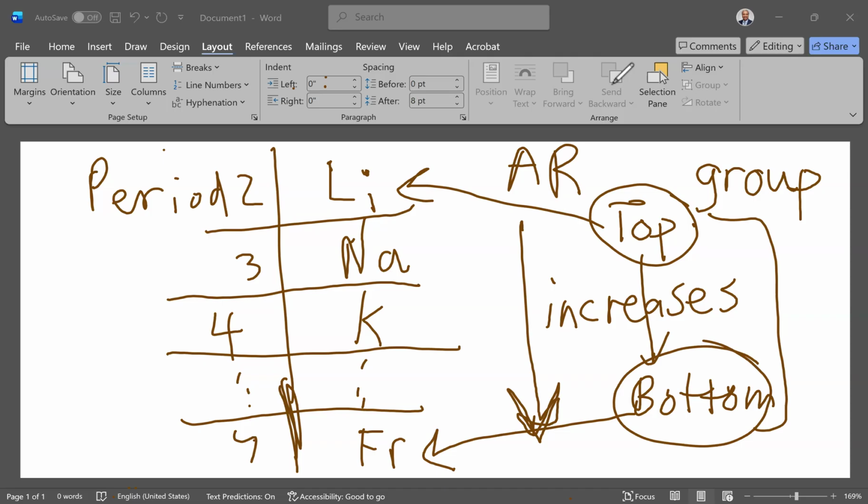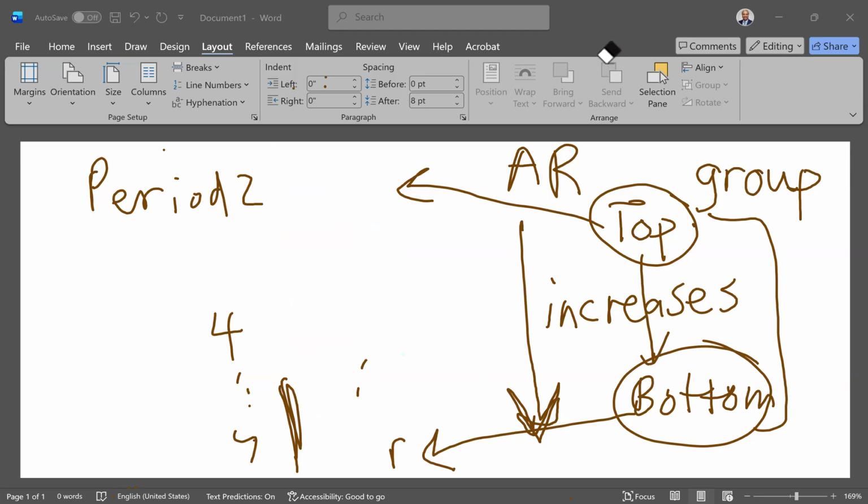So the atomic radius increases within the group from top to the bottom. Now let's look at atomic radius within the period from left to right. Let's look at this and see how it looks.